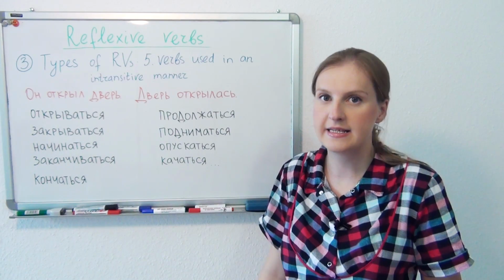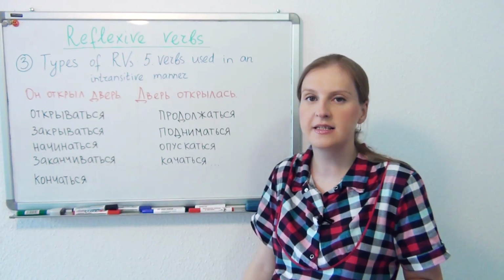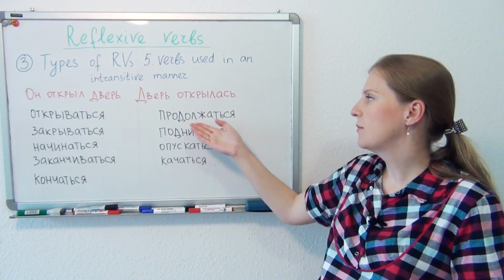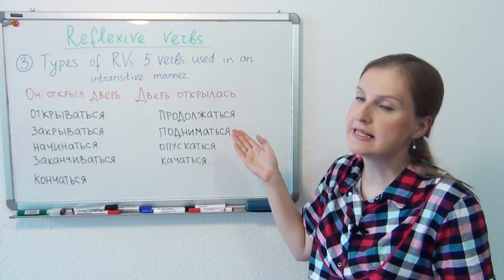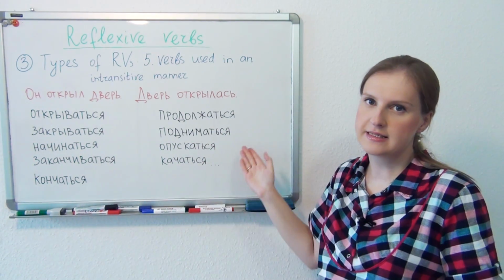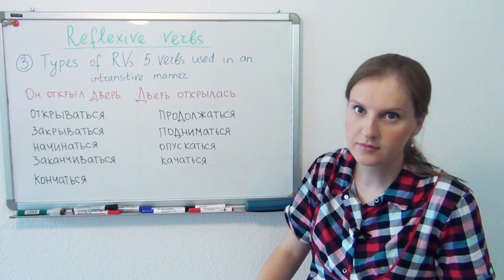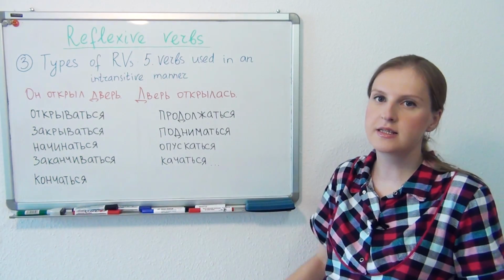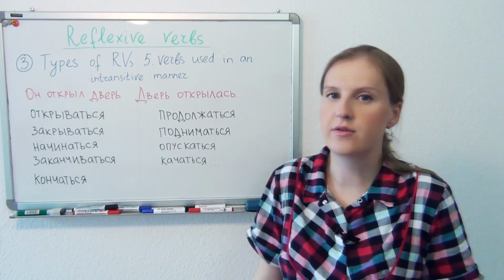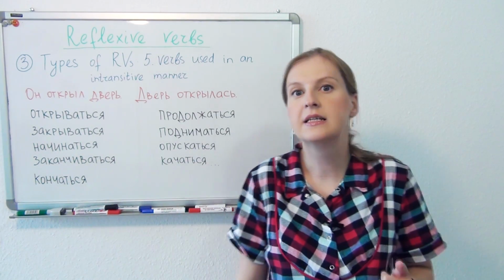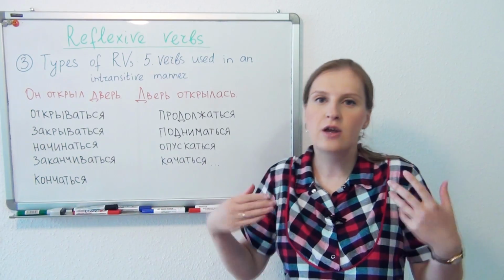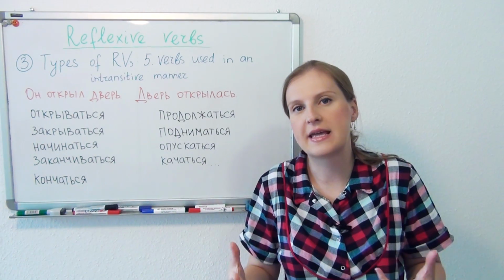Заканчиваться, to end. Кончаться, also to end. Продолжаться, to continue. Подниматься, to rise. Опускаться, go down. Качаться, swing, and some others. So here, we mean that the object did something itself.